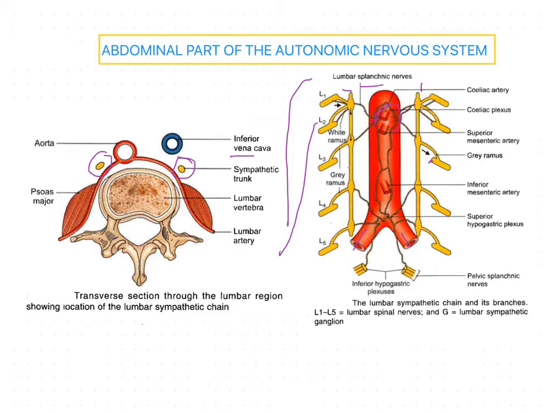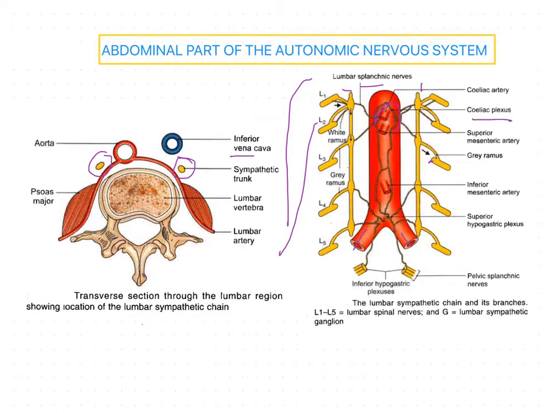So from the upper 2 lumbar splanchnic nerves, the upper 2 join with the celiac plexus.